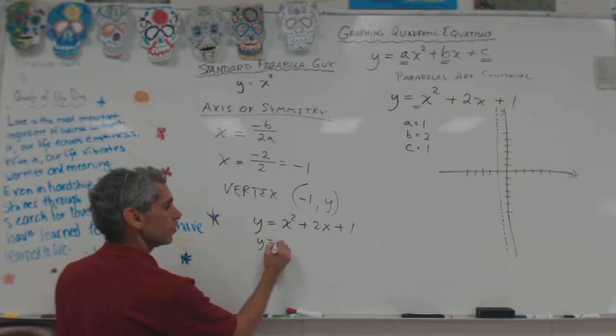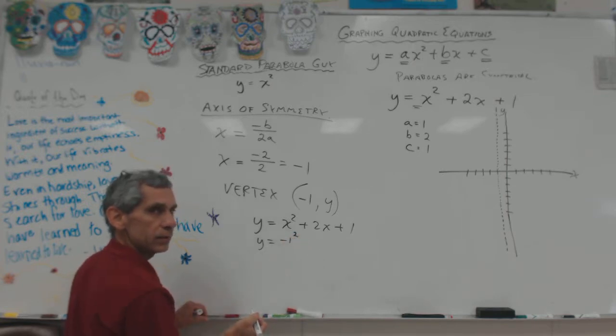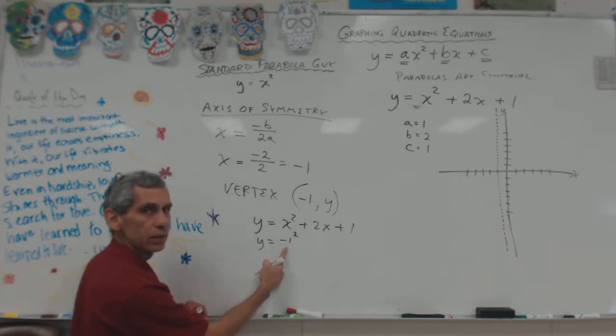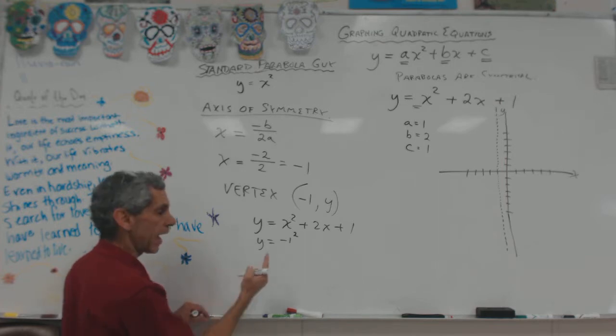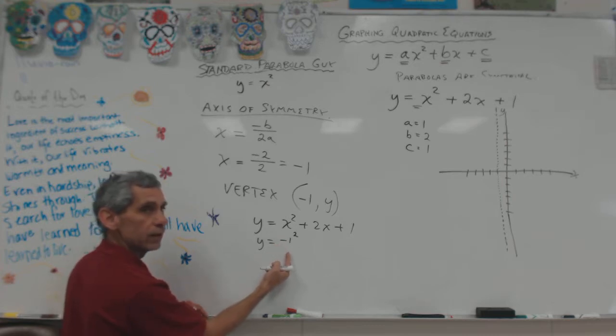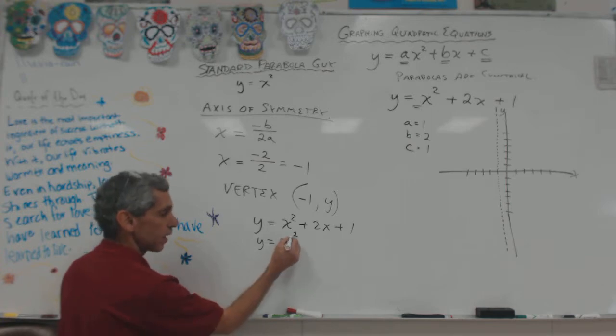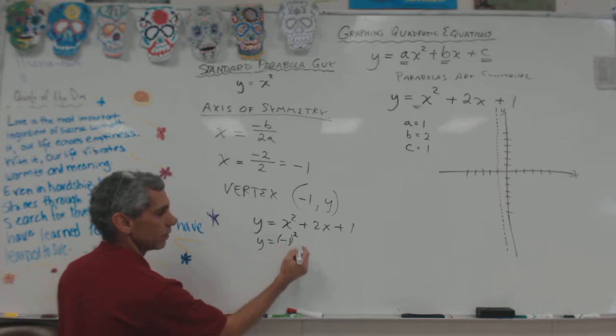So y is equal to -1. Now, is this legal? What did I do wrong here? Oh, no, because it had to be in parentheses. If I don't put this in parentheses, then I would get -1 times 1, right? It's got to be in parentheses because x is -1. X is being squared. The negative has to be squared as well.